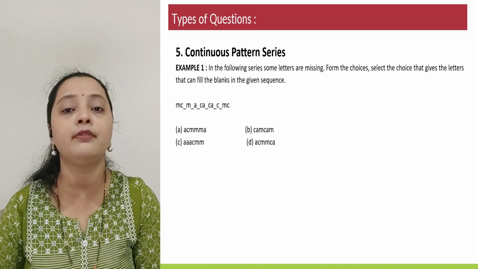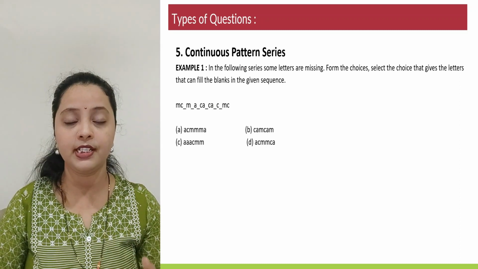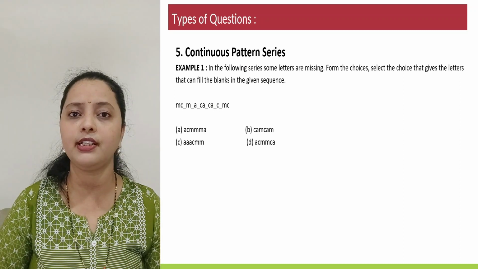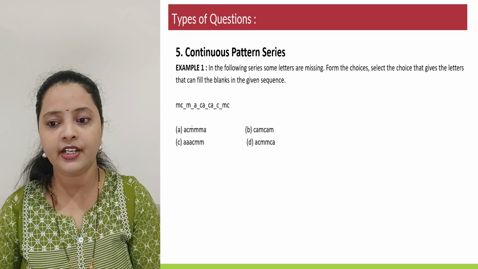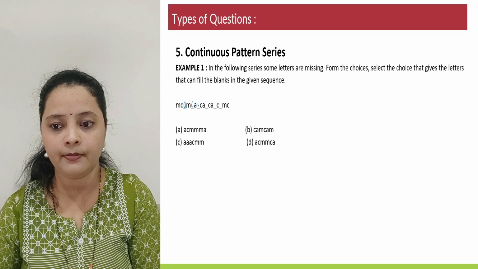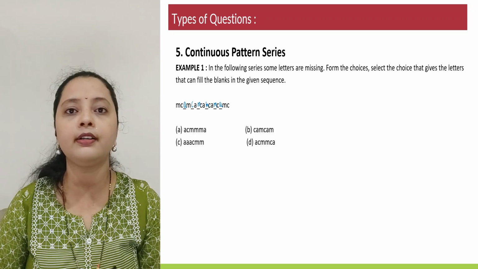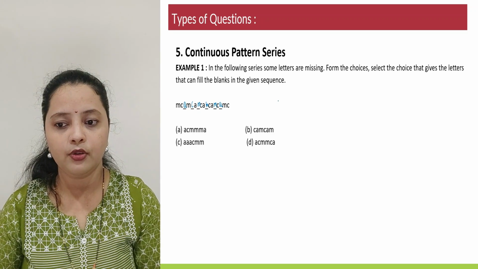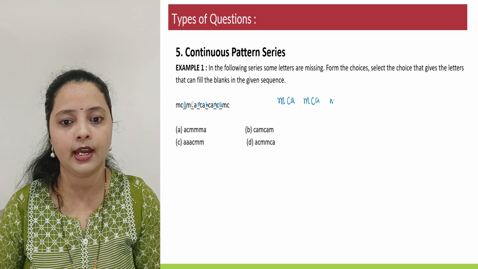So for continuous pattern based series, in these kinds of questions you will have to pick the options, substitute it in the question, and then see which option gives you a pattern. So let's see if I try with option A. I substitute carefully A, C, M, M, M, and finally A. Now if you look at the series that we have, don't you see it's like MCA, MCA, MCA and so on.